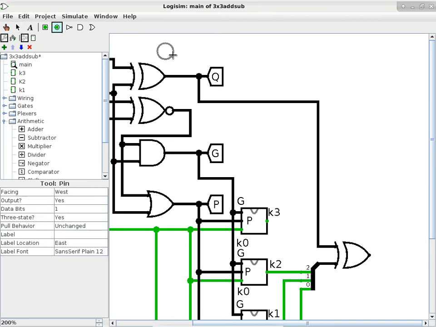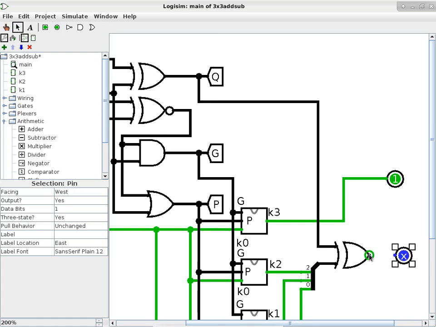One output pin is just the overall carry. The other one is the result of the computation, which I'm going to, it's really hard to name this one, let's just call it result.